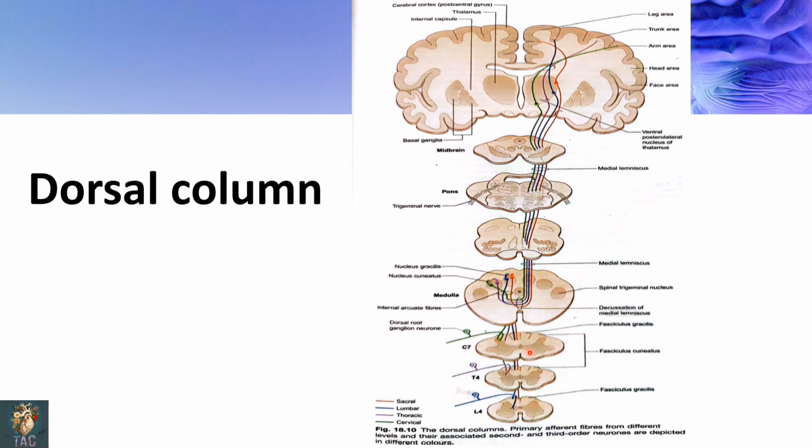When we know that the most medial are the sacral, then the lumbar, then the thoracic, and then the cervical, then in case the blood supply is affected in the medial region, that will affect the fibers coming from the sacral and lumbar areas. So it is very important to memorize that the somatotopic arrangement of the fibers is maintained throughout the dorsal column.